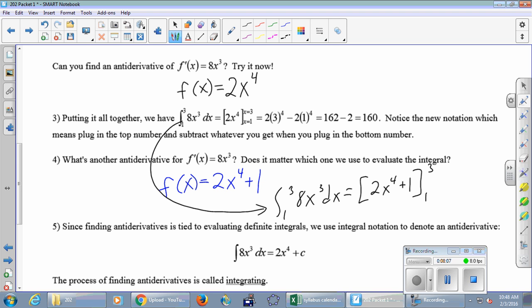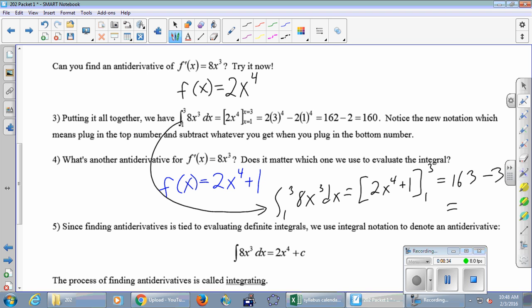Like I said, I normally don't put the x equals. And that means plug in the top, plug in the bottom, and subtract. When I plugged in before, without the plus 1, I got 162. So now with the plus 1, 163, by plugging that top guy in, minus plugging 1 in. I got 2 before. It's 3 now.